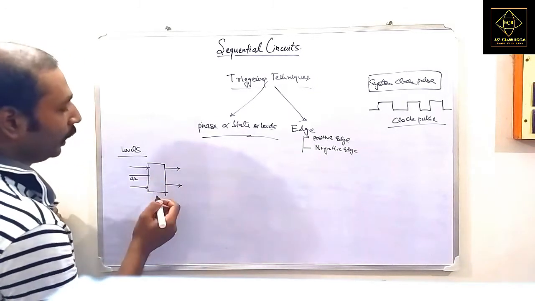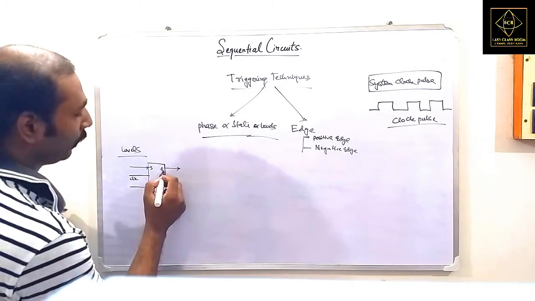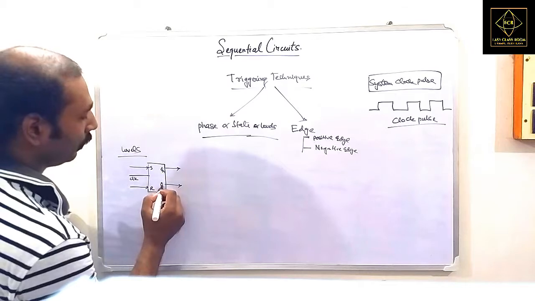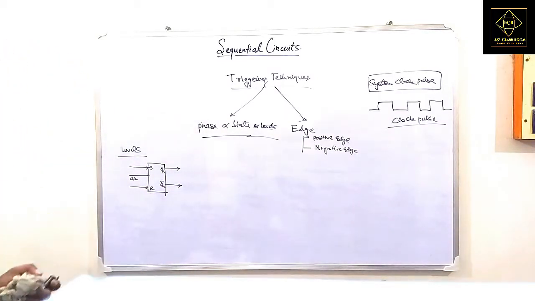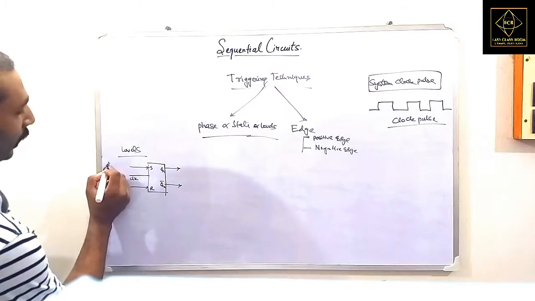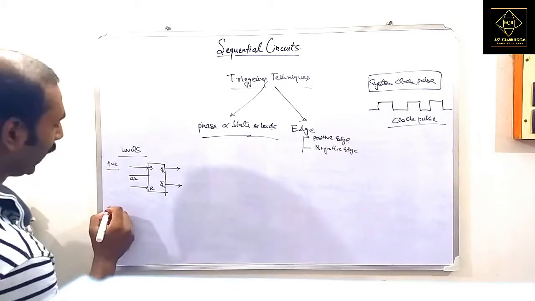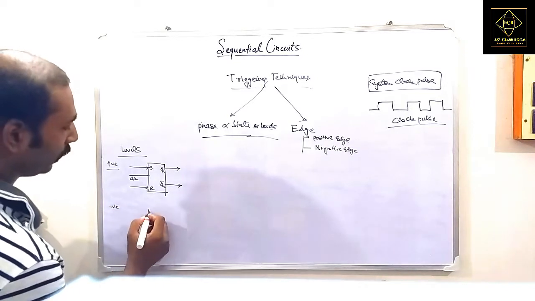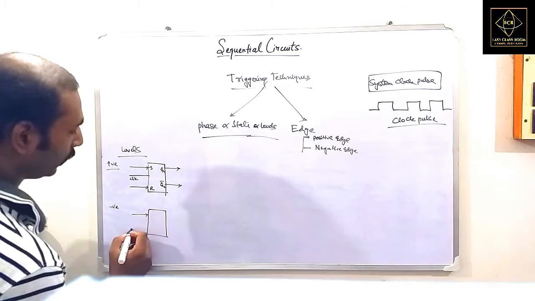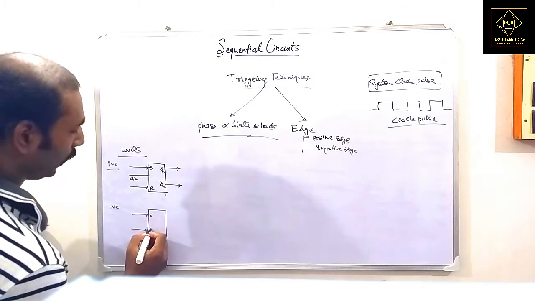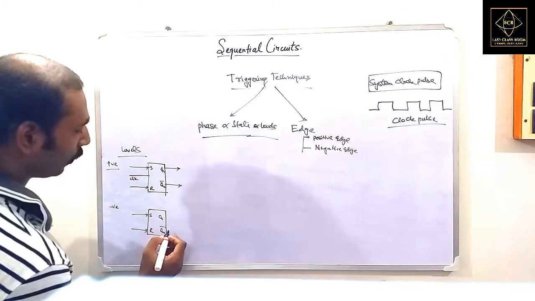For now, these are some inputs and these are some outputs. So we can say this is positive level. Now for the negative level, what we are going to achieve, we do like this. So this is S, this is R, this is Qn, and this is Qn complement.